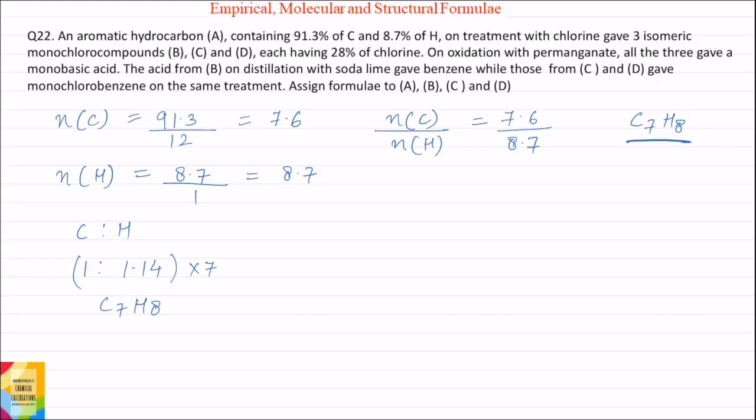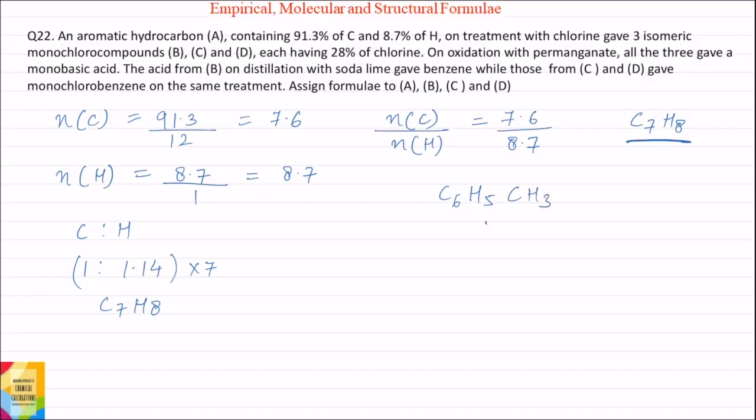Now this compound is an aromatic hydrocarbon, therefore it must be having the phenyl group. So the formula of the compound will be C6H5. Now one carbon and three hydrogens are remaining, so this will form the side chain. So the formula of the compound will be C6H5CH3.